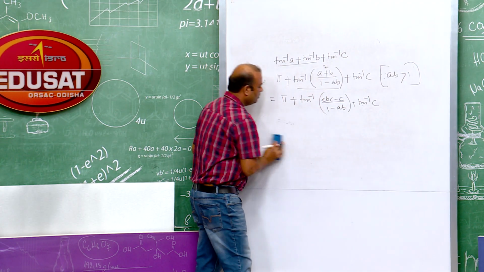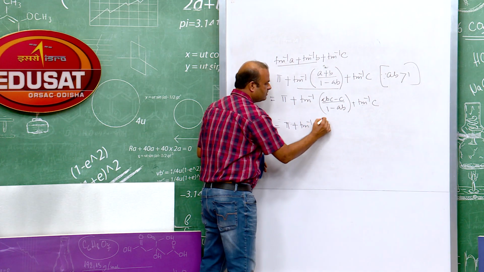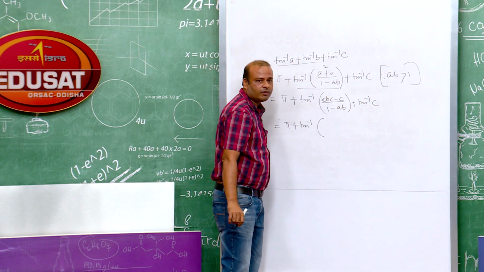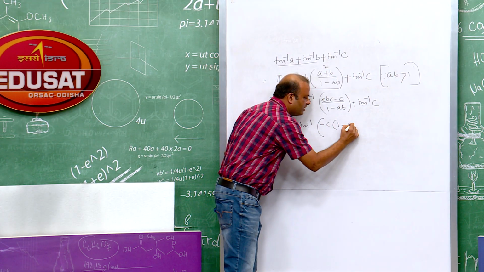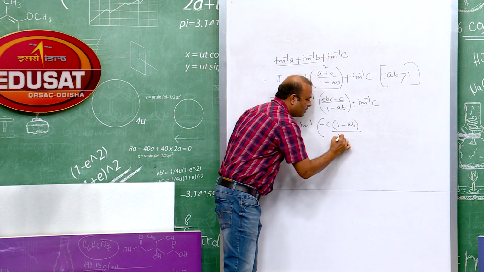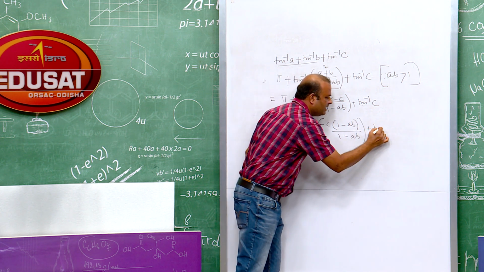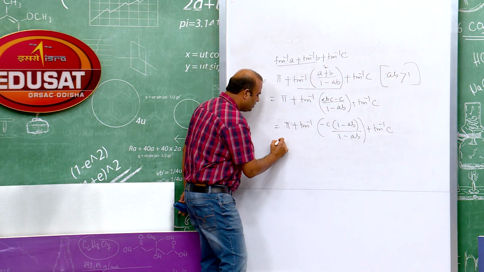Next one is pi plus tan inverse. So take minus C common, it will be (1 minus AB) divided by (1 minus AB), plus tan inverse C, right?